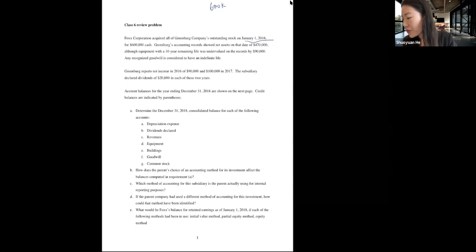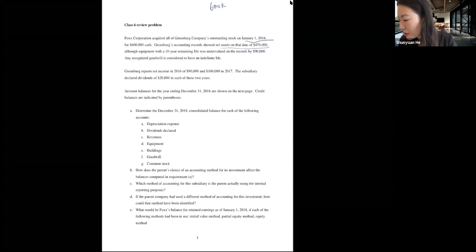Greenberg's accounting records show net assets on that date of 470,000, so the net book value of the firm is 470,000. In other words, there's an excess payment here. Fox Corporation is paying 600,000 for something which only has a book value of 470,000. The excess payment is 130,000.